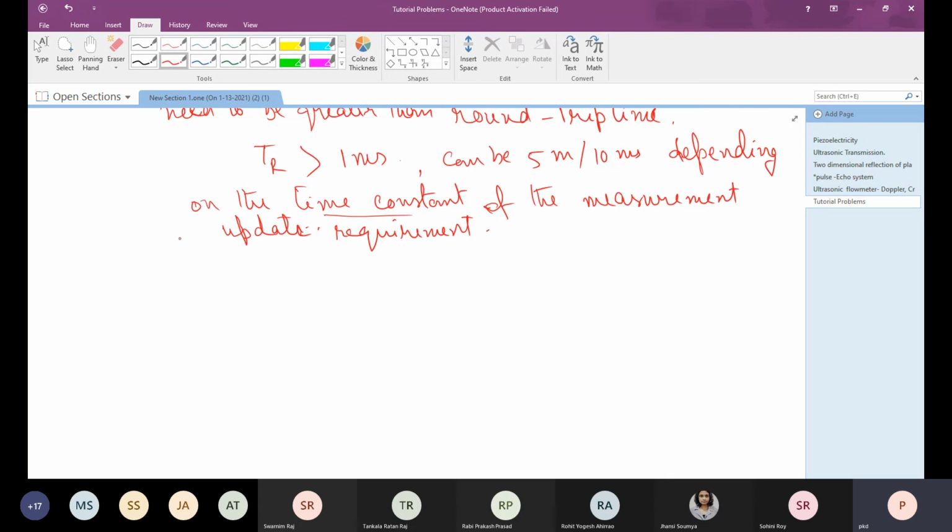But what is important is that 60 degree. So that frequency shift, you know, delta F, is equal to V cos theta into 2 divided by C.